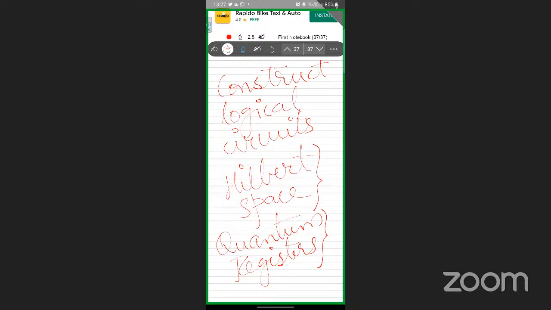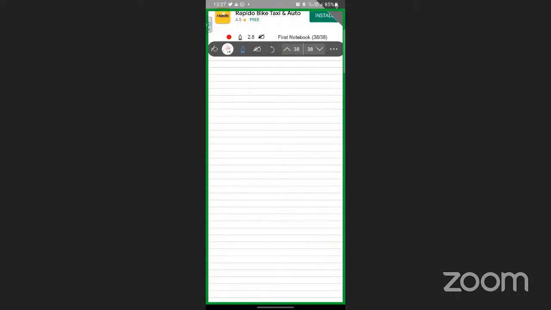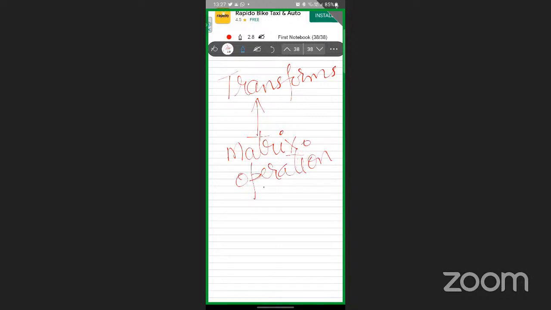And then in the beginning, as I told you, these Hilbert spaces talk about transformations. You have to map one thing to another. Those transforms are studied through matrix operations, and the study of matrix operations is a subject called linear algebra.